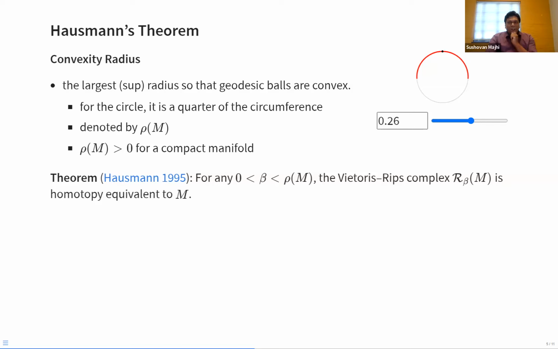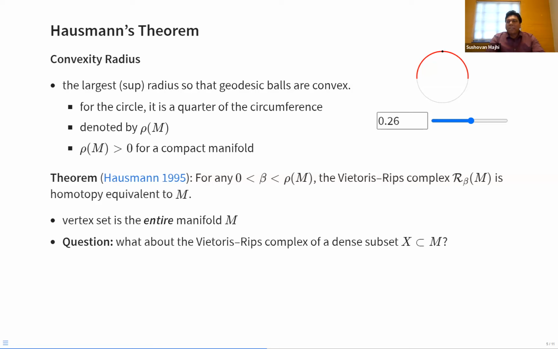Any questions so far? All right, let's move on. A few comments on Hausmann's theorem. If you've noticed, the Vietoris complex has the entire manifold as its vertex set. So the vertex set is possibly uncountable, and it's not a very nice Vietoris complex that we can manipulate, right?